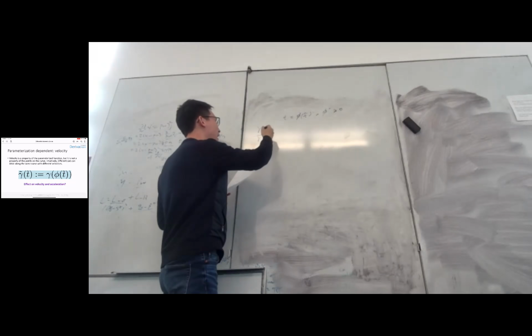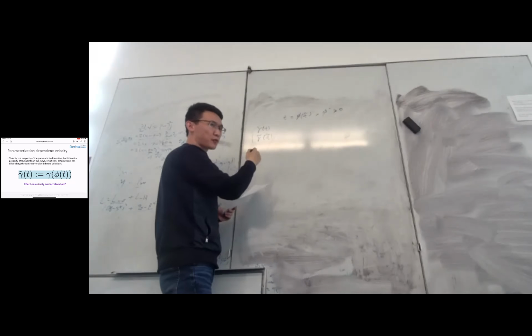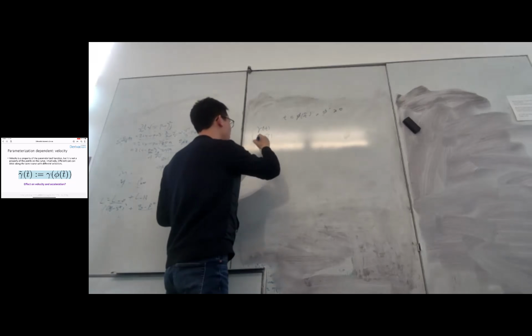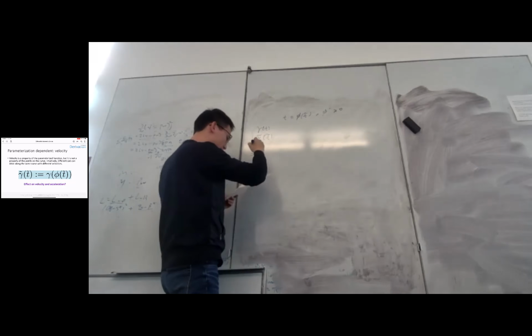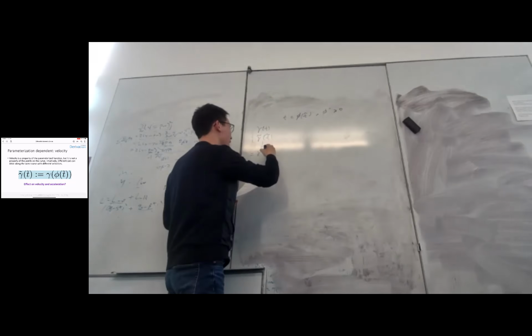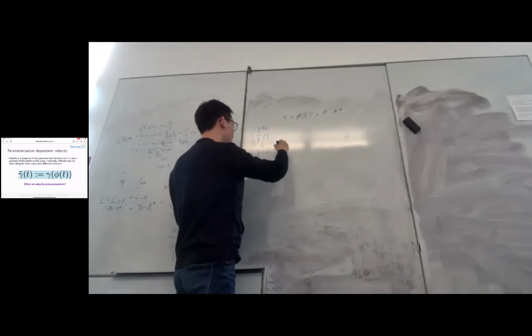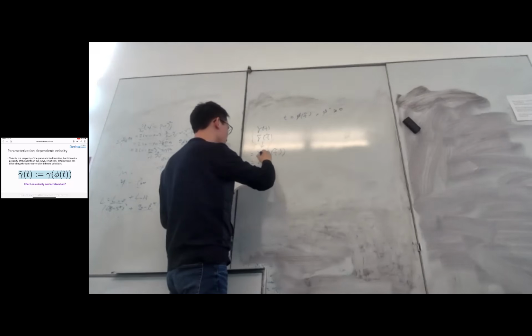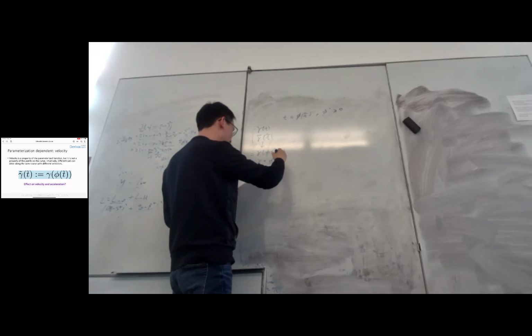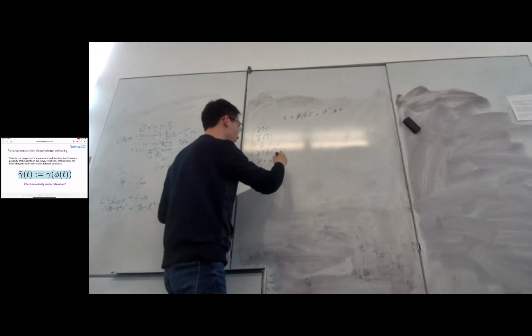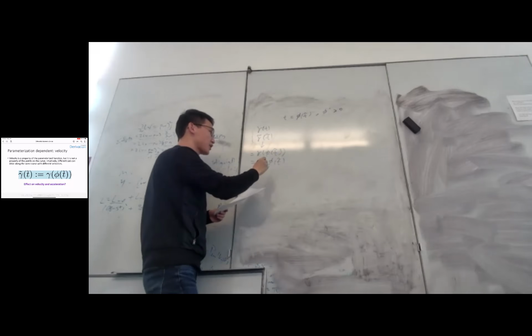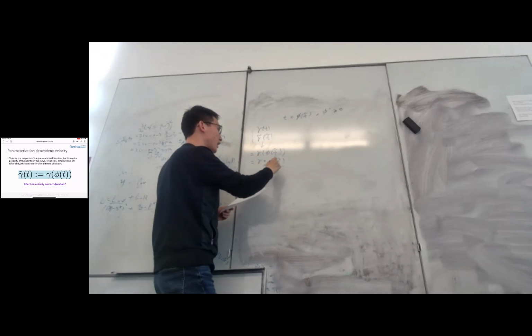But anyway, if we have these two different parameterizations, then I can rewrite the second one as gamma of phi of t tilde. This is the composition of two functions, and then this is your t.